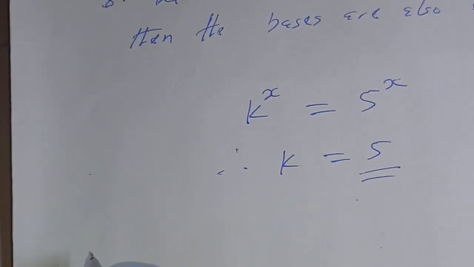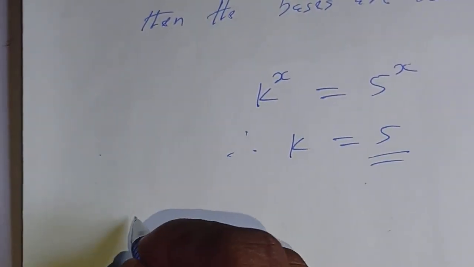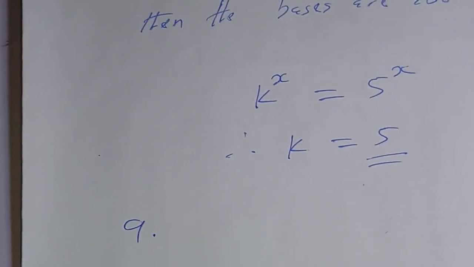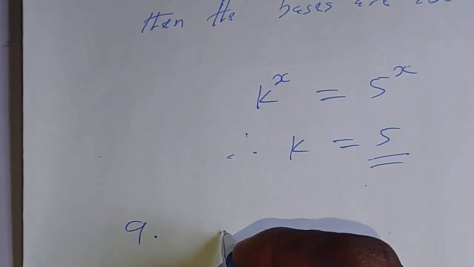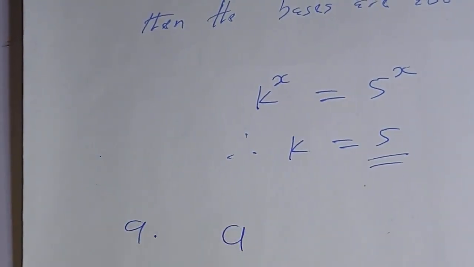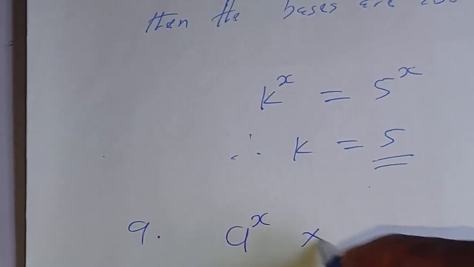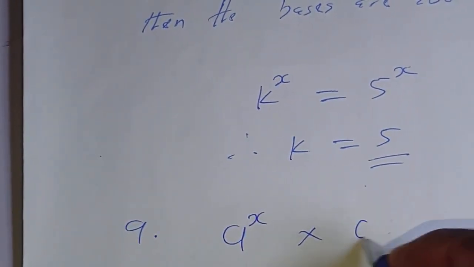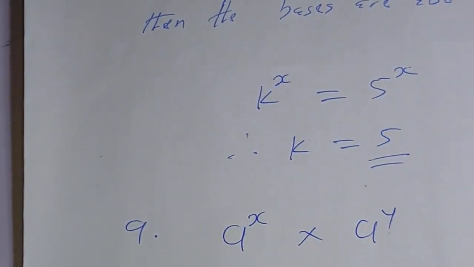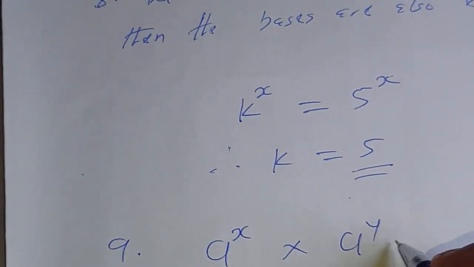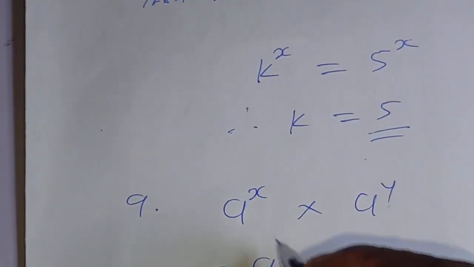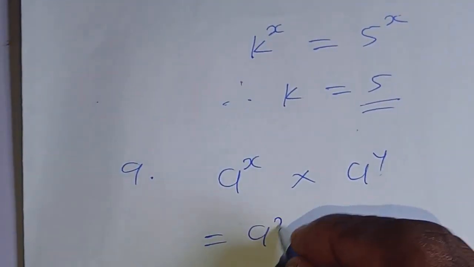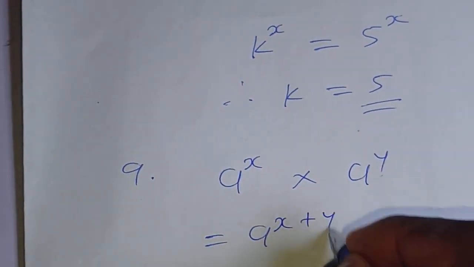Now let's do law number 9. This law states mathematically that if you have a raised to power x times a raised to power y, this is all equal to a raised to power x plus y.